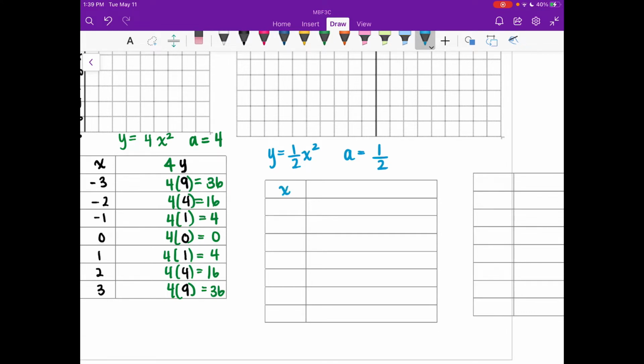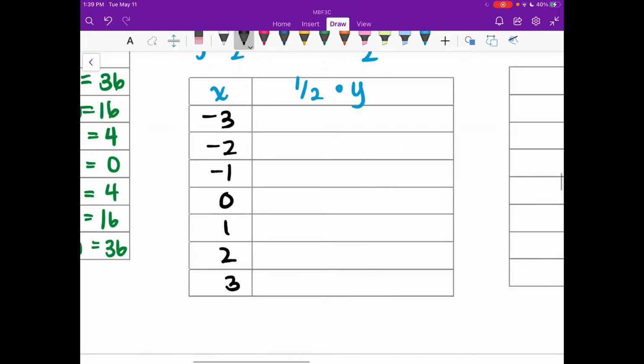So I'm going to do x, and then I'm going to do half times y. X's always stay the same. Right? I'm going to put in my original y values, which are 9, 4, 1, 0, 1, 4, 9. And now I'm going to multiply them by a, which is 0.5.